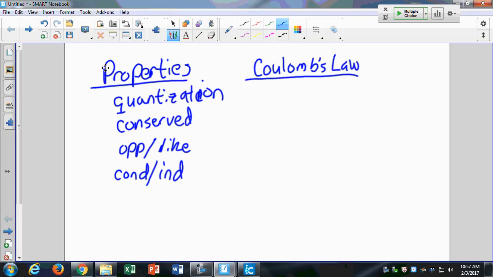I give you a selection of arrows and you pick the right one, or I give you the direction of the arrow and you pick the right charge configuration. Remember that opposite charges attract, like charges repel. But you also need to know how these vectors add up when you're thinking about them conceptually. We've done that a bunch, so I think y'all are okay. But if you're not, let me know. We can spend some time Monday morning or this afternoon going over it.